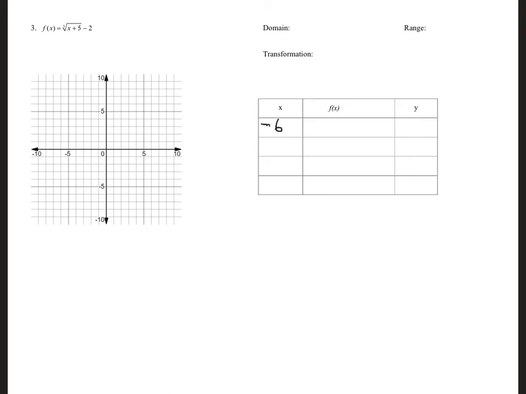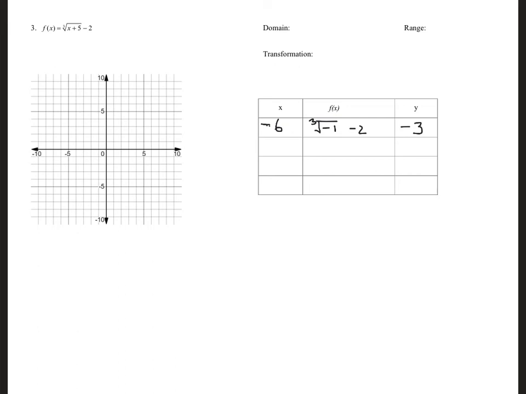When I put negative 6, this is going to be cube root of negative 6 plus 5, negative 1, minus 2. So it's going to be negative 1, so negative 3. So we get negative 3.